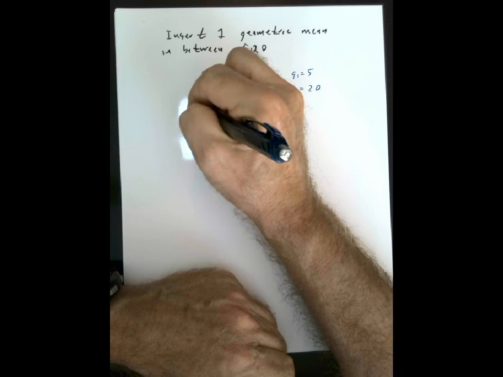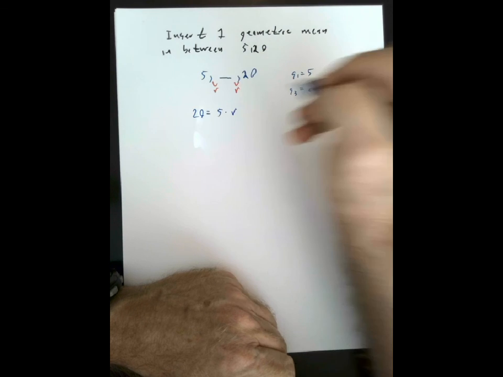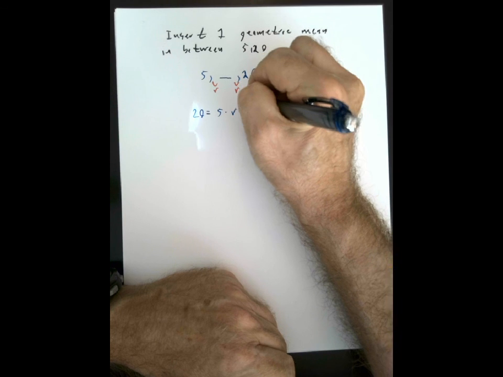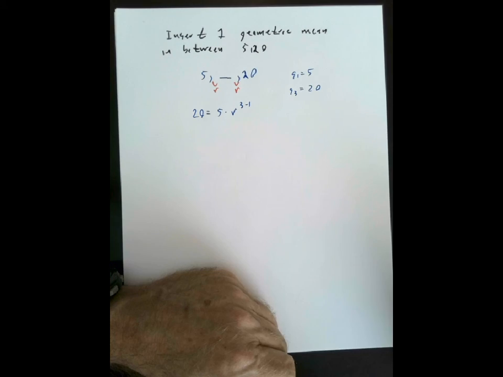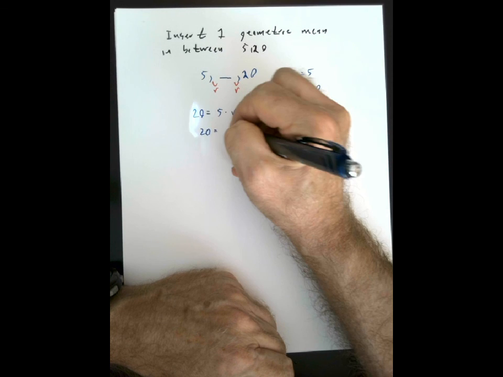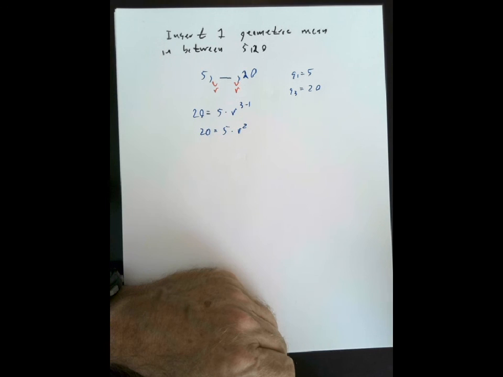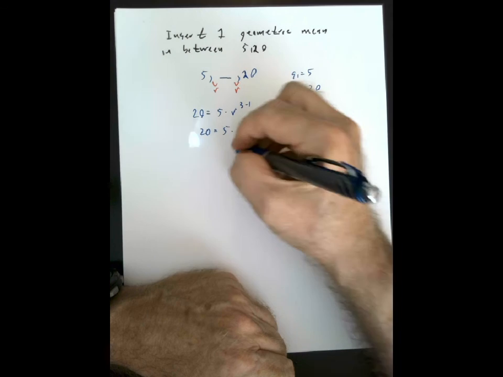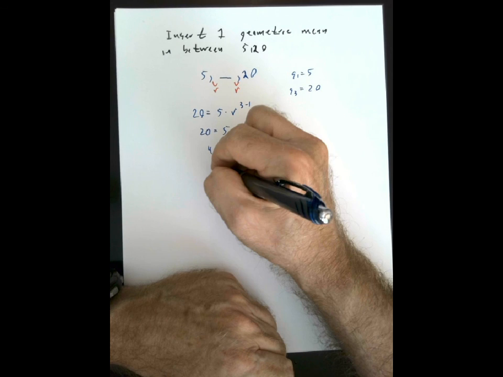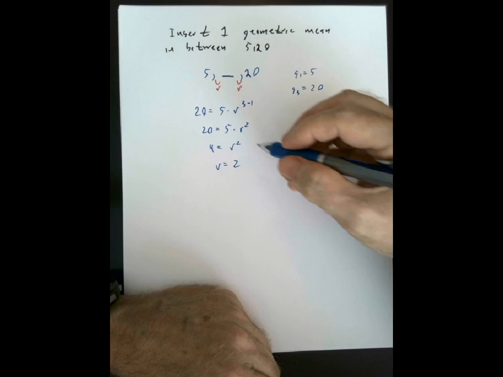So 20 will be equal to 5 times R to the 3 minus 1, right? So this is 20 is equal to 5 times R squared. Divide both sides by 5. We get R squared is equal to 4, and oh look, R is equal to 2 again, right? And that makes sense. So now R is 2.